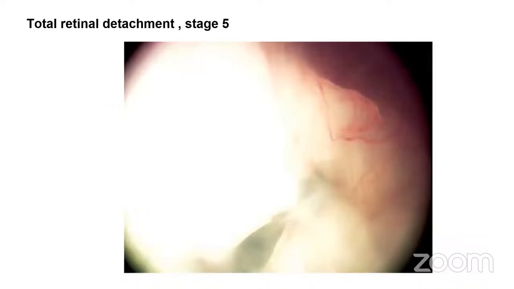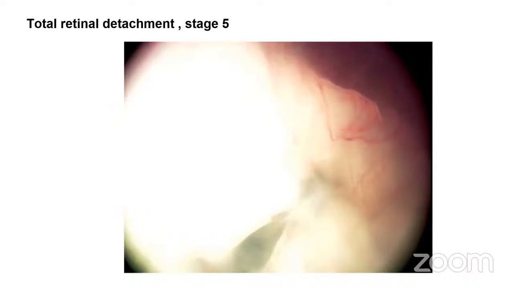Stage 5 is total retinal detachment, where you can see the entire retina being lifted off. Generally, the type of retinal detachment seen in ROP is tractional retinal detachment. In the recent classification, they have classified stage 5 as stage 5A, 5B, 5C. In stage 5A, the optic disc is visible.